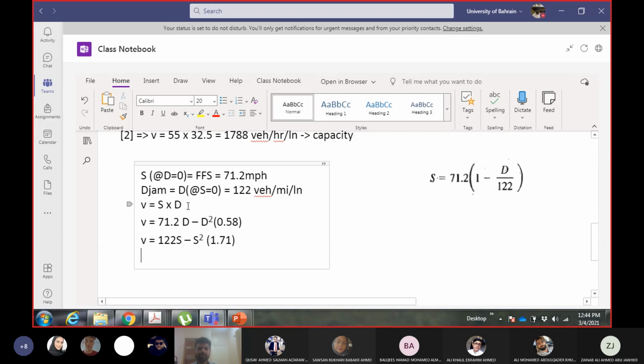For critical density, I will take the derivative of this equation, dv upon dd, and put it equal to 0, right? How much is critical density here? You take the derivative of this equation, put it equal to 0, and then give me the value of density. How much is it?